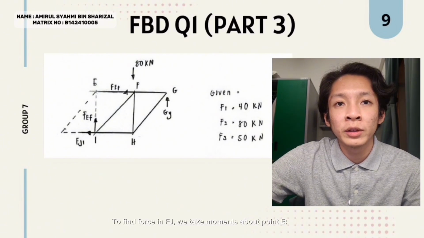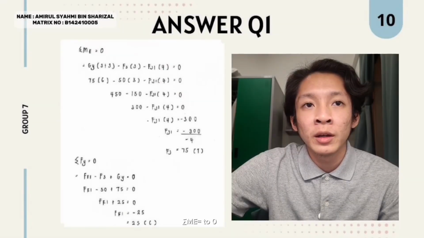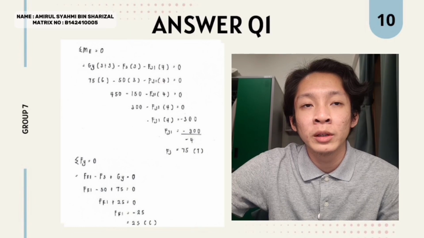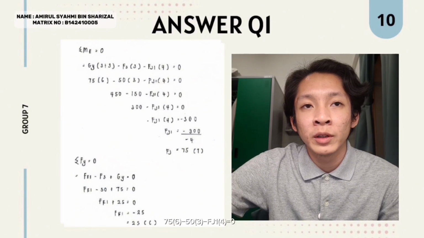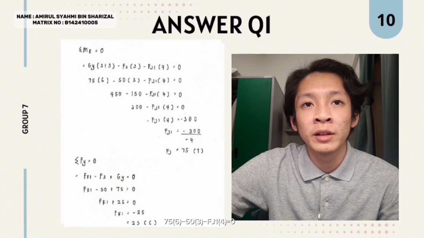To find force in FJ, we take moment about point E. Sum of moment E equal to 0, and then we get the equation GY multiplied by 6 minus F3 multiplied by 3 minus FJ multiplied by 4 equal to 0, and we substitute the values: 75 multiplied by 6 minus 50 multiplied by 3 minus FJ multiplied by 4 equal to 0.